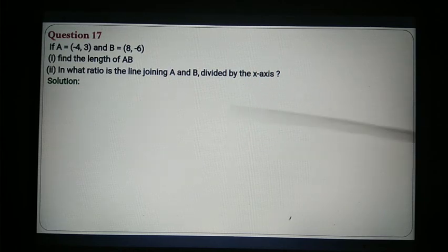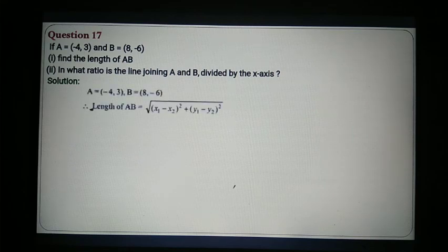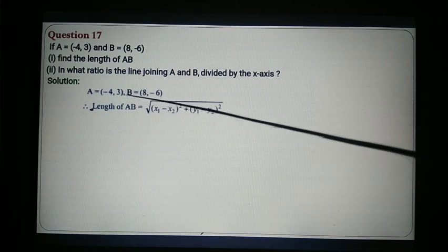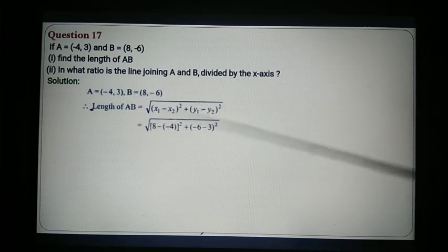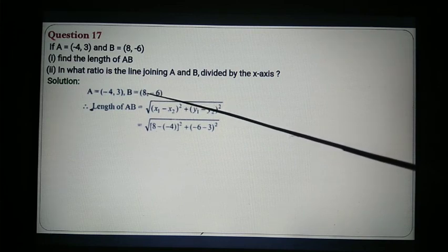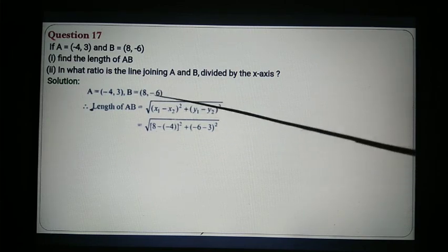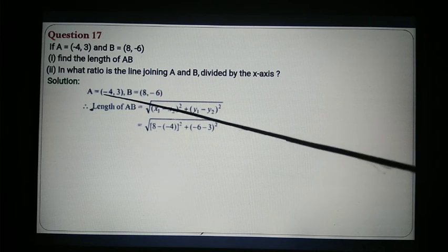So let me give you a revision for your first part. A and B are given, and AB is calculated using this formula. This formula is known as the distance formula. So this is my x1, y1, this is x2, y2. So you are calling this x1, y1, and this is my x2, y2.